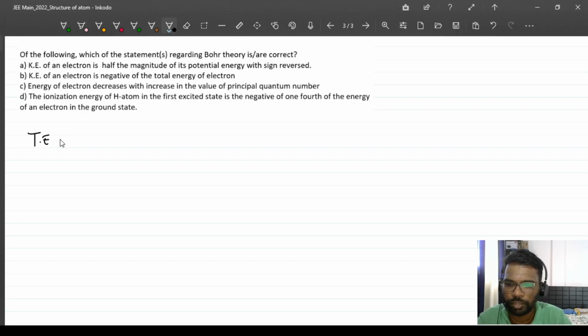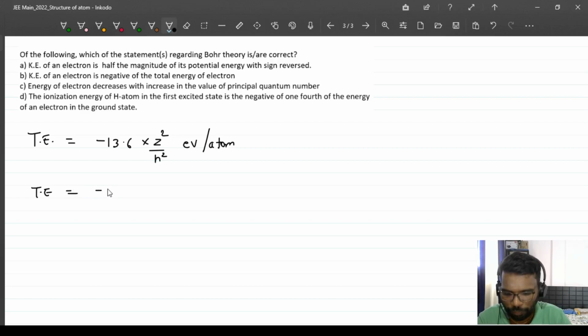Total energy TE would be given as minus 13.6 into Z² by n² electron volt per atom. This is one way. We can also represent total energy in another unit: if it is in joules, then 2.18 into Z² by n² joule per atom.